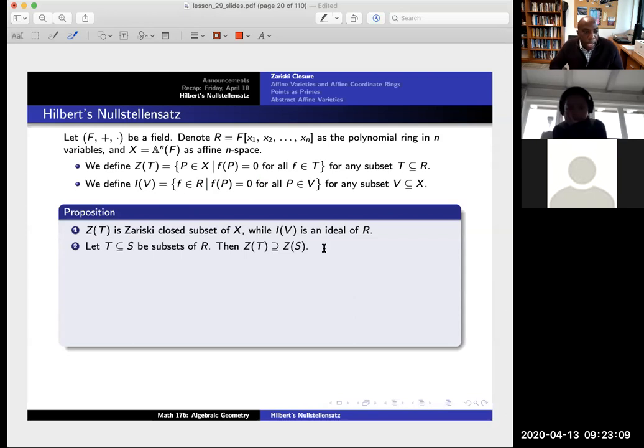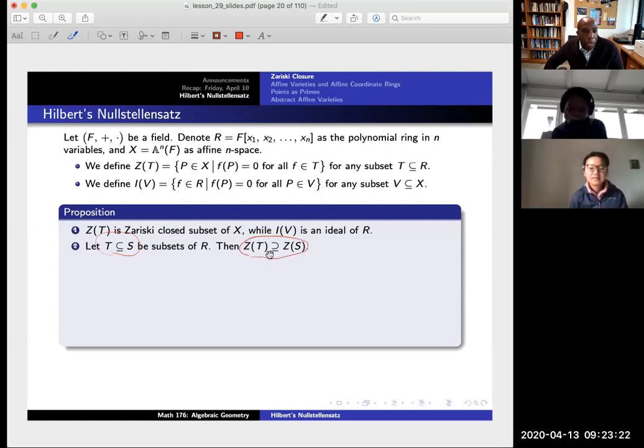Next, let's say that maybe I have 2 subsets, T and S, and let's say that S is slightly larger than T. Then I have a reverse inclusion on Zariski closed sets. So if T is smaller than S, then Z of T is larger than Z of S. Again, I have a reverse inclusion.